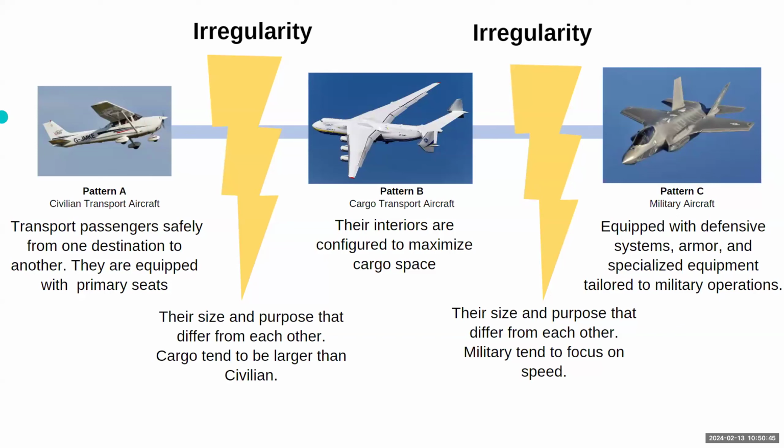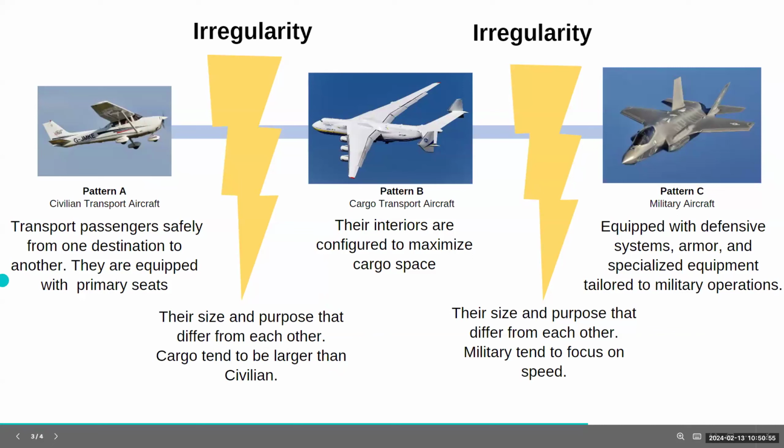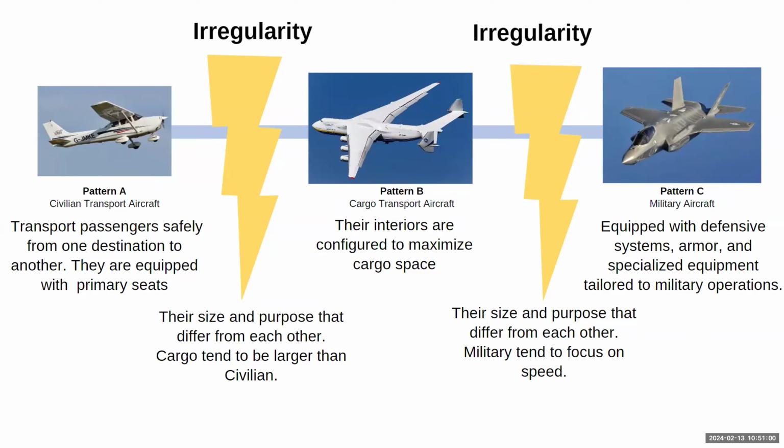So the irregularity from civilian to cargo is the different size and different purpose, and most cargo planes are larger than civilian ones. From cargo to military, the irregularity is that the size, speed and purpose are different.